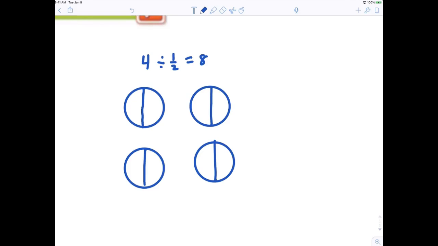So they looked at the numbers and said, wow, 4 divided by 1/2 is the same as 4 times what? 2. It's the same as 4 times 2. Does everybody agree with that? Then they're like, wow, that's kind of weird. What did I do to this number right here?